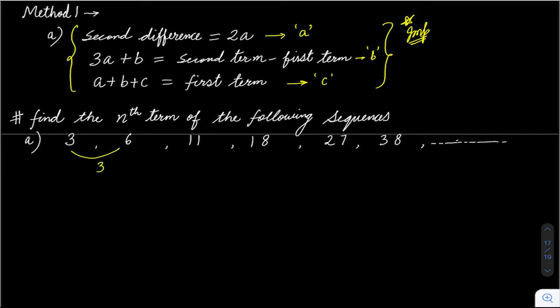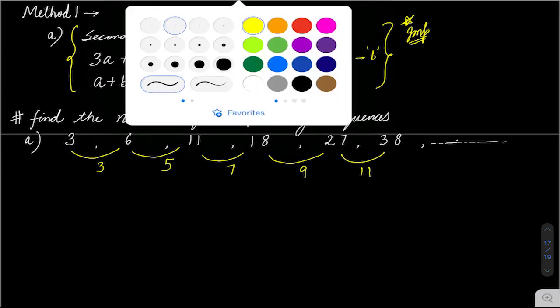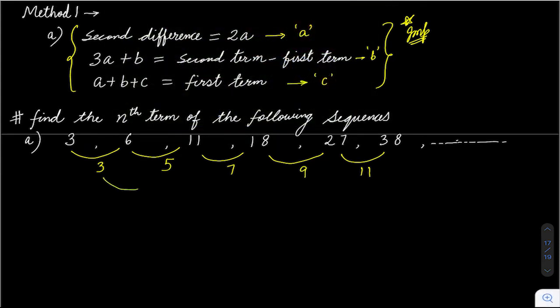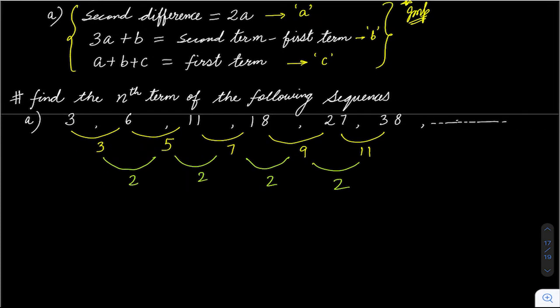This difference will be 3, then 5, then 7, then 9, then 11. So this is my first difference. Let's find the second difference. This difference will be 2, 2, 2, and this one is also 2. Now my second difference is 2.